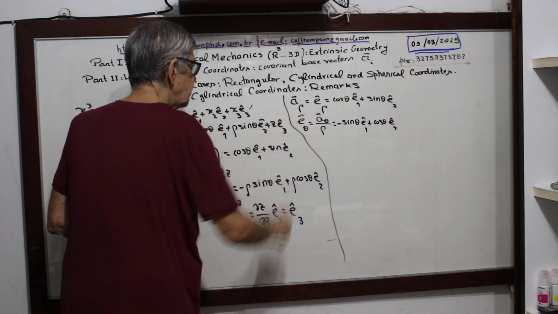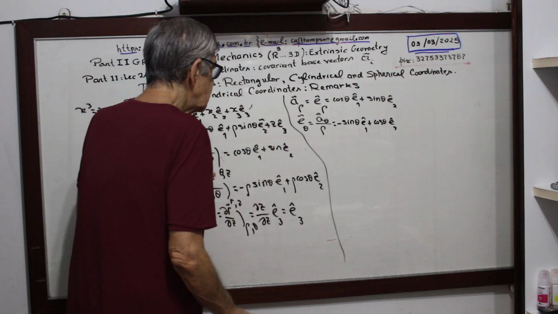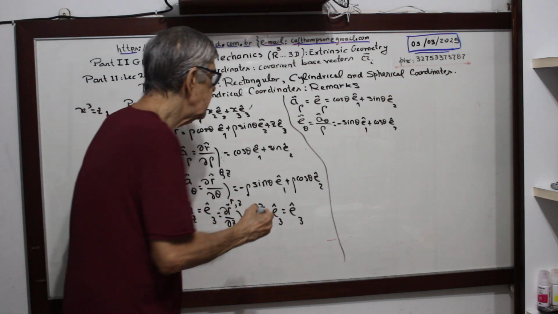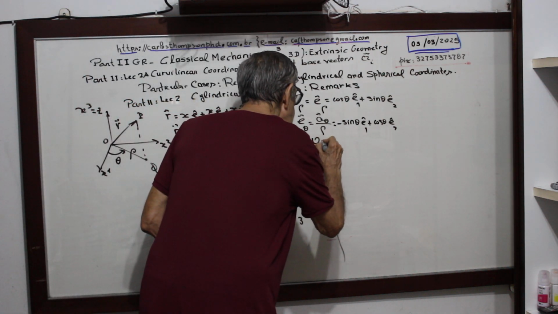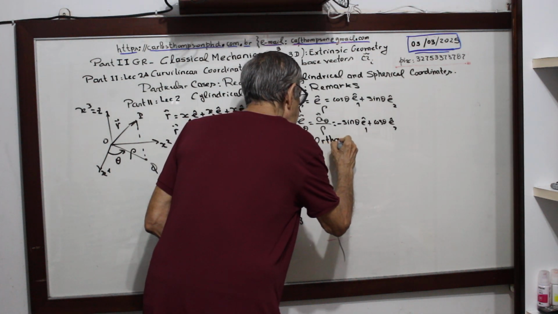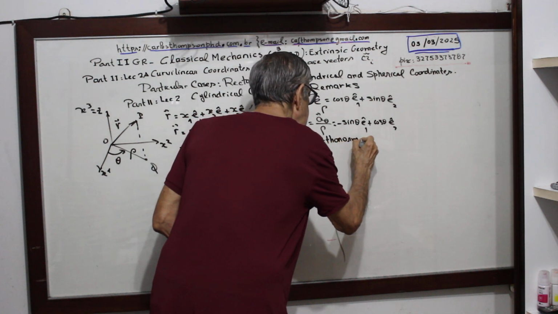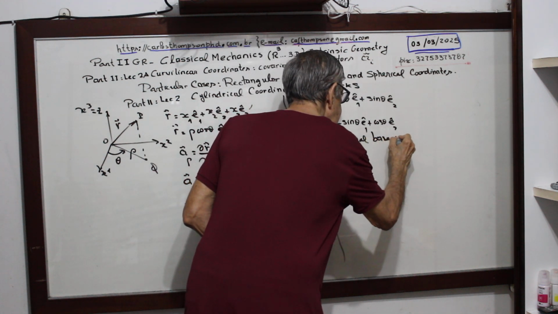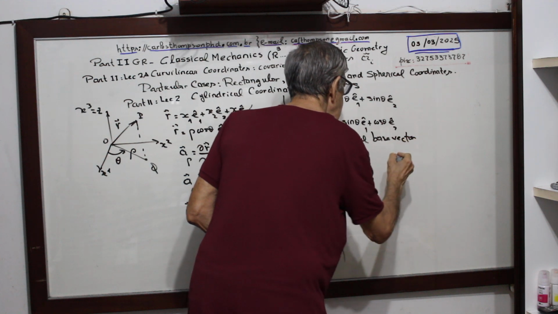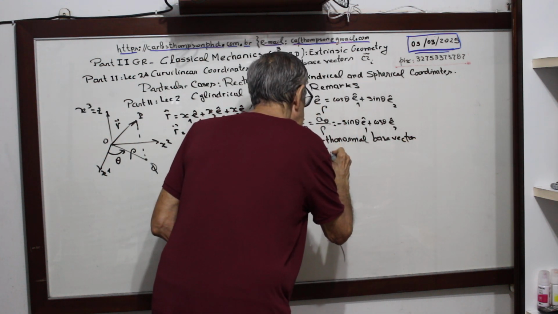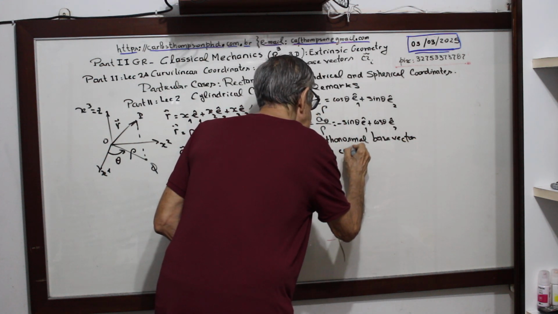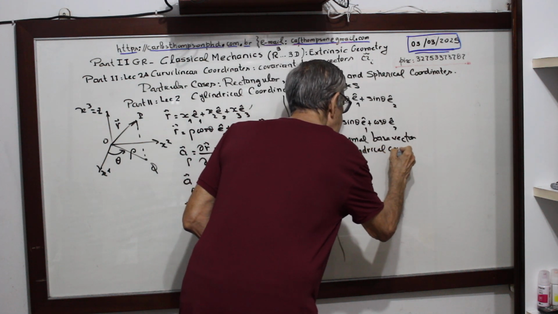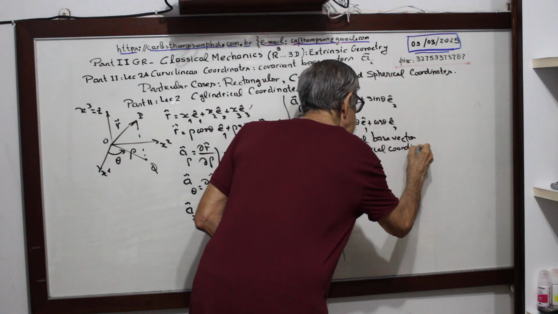Then I have these two vectors. So these lead to the orthonormal base vectors in cylindrical coordinates.